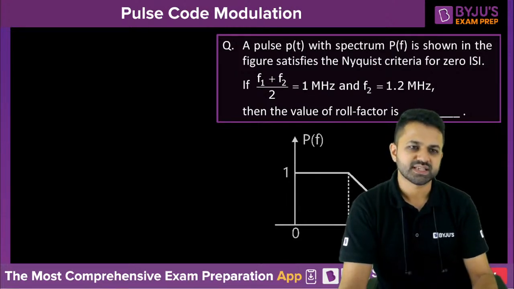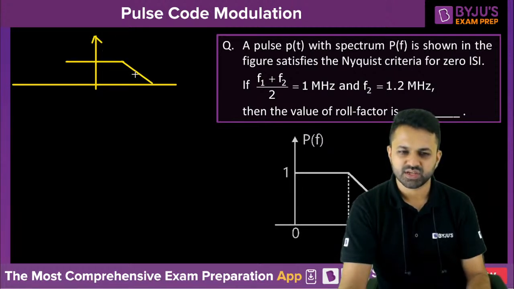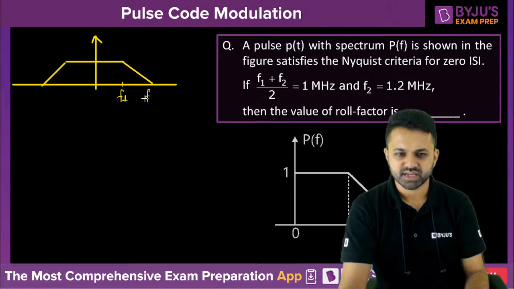Here you can see that if I want zero ISI, then it should follow the Nyquist criterion, and the pulse is given in this form. Actually the right side is already given, but inherently the left-hand side is also present, with f1, f2 and f. So this is P of f.